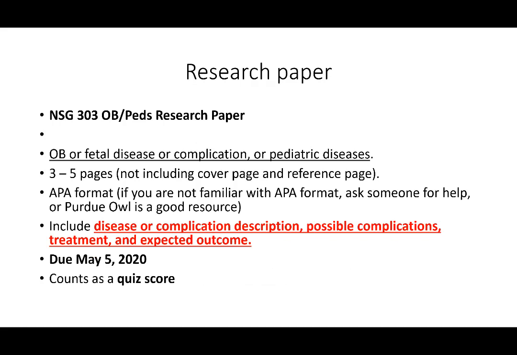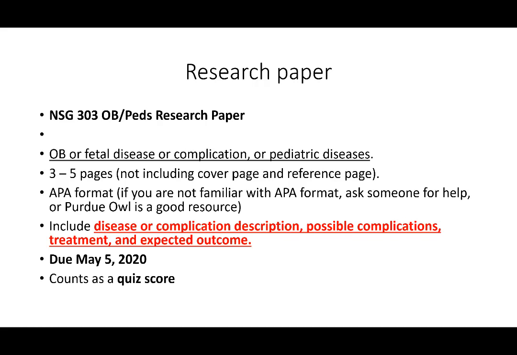It should be 3 to 5 pages, and that is not including the cover page and reference page. I actually look for it to be 2 to 3 pages. Of course, double space. It's going to follow APA format, and you can look on Purdue OWL. It's a good resource, but I'm trying to give you enough of the main basics here, but you will have to know what I'm talking about.